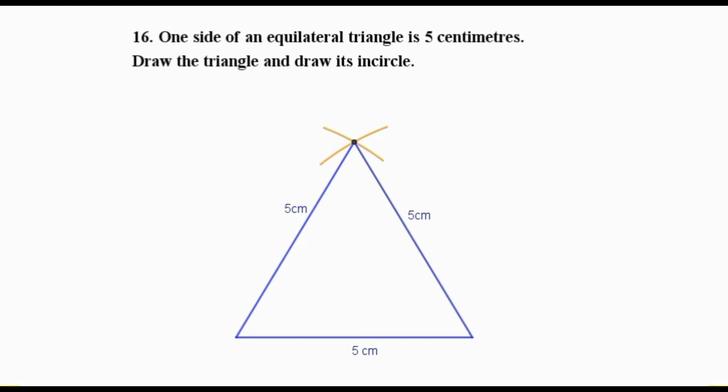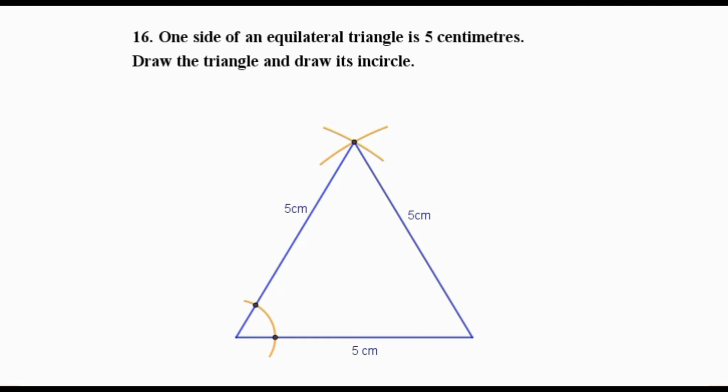Now we have to draw the incircle. For that, let us find out the center of the incircle at first. For that, we need to draw the bisectors of two angles. Put the compass at one vertex and draw an arc like this. Mark the points of intersections.